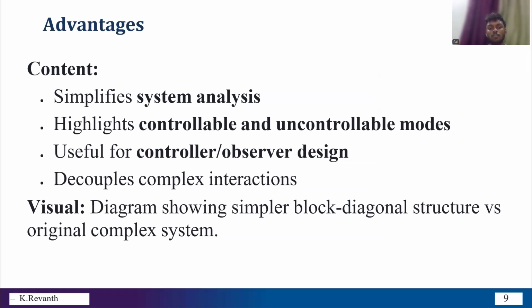Control design: it makes designing controllers and observers more straightforward. Controllability and observability: it helps identify which parts of the system can be controlled or observed. Analytical solutions: it simplifies solving the linear differential equations using the matrix exponential.